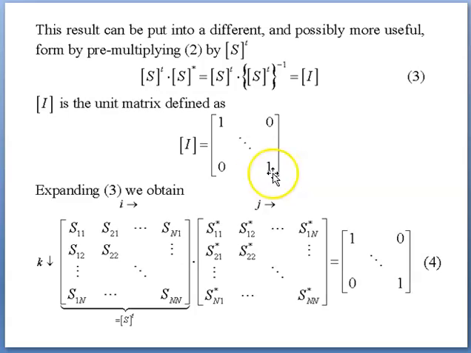Okay, so expanding equation 3, we will obtain, so this part here is your S transpose. So you have S11, S21, up until SN1, and this one goes until SNN. And then you have the S conjugate. So you will have S11 conjugate, S12 conjugate, up until S1N conjugate, down here up until SNN conjugate, which is equal to the unit matrix, the I matrix.